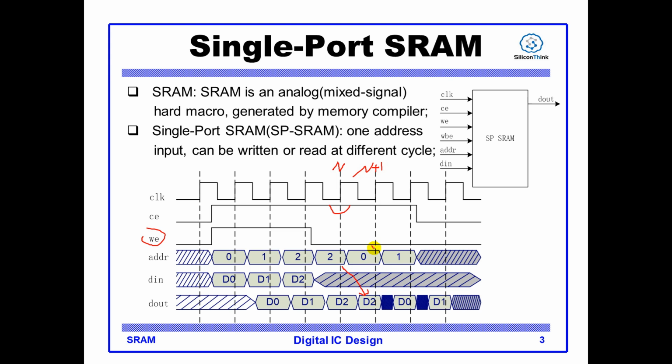Read here, and then you get data at the next cycle. So this is the difference between read and write. For write, address and data are aligned at the same cycle.